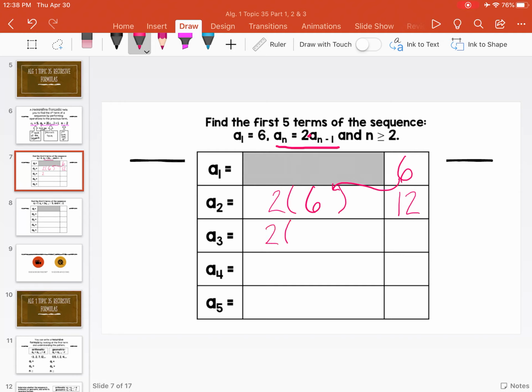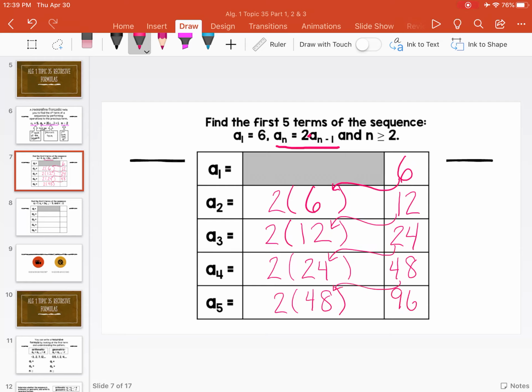Now in order to find the third term, I'm going to plug in 12 for my previous term. 2 times 12 gives us 24. In order to find the fourth term, I'm going to plug in 24. 2 times 24 gives us 48. And in order to find the fifth term, 2 times 48 gives us 96.